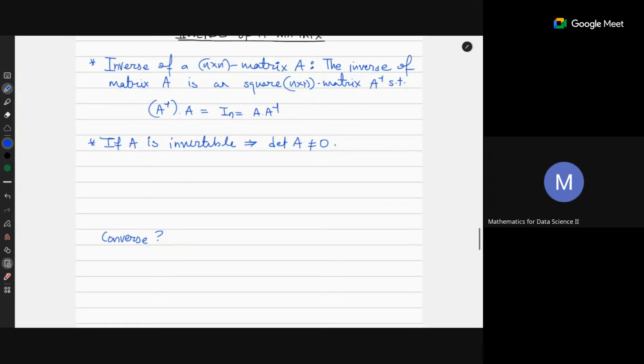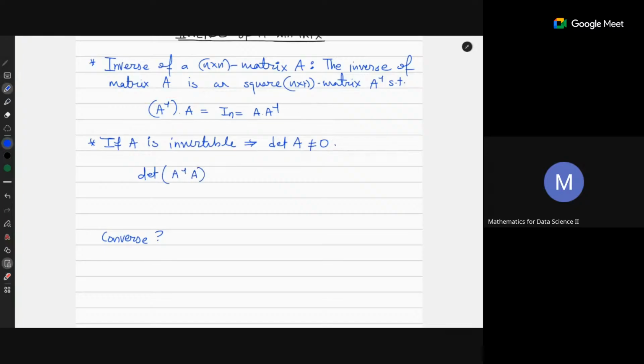So we already know that if A is invertible, then the determinant is non-zero. Why? Because of the property of determinant. Suppose A is invertible, that means there exists an inverse, so it satisfies this equality.